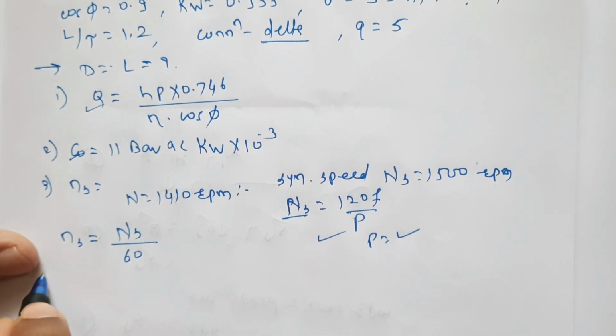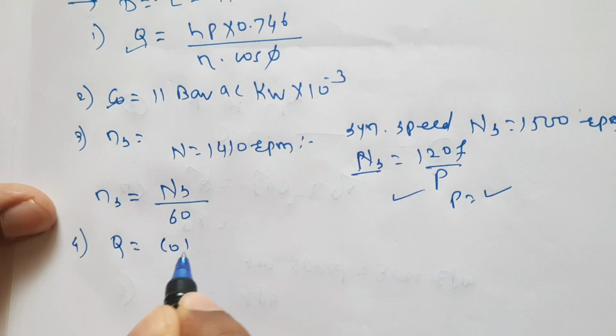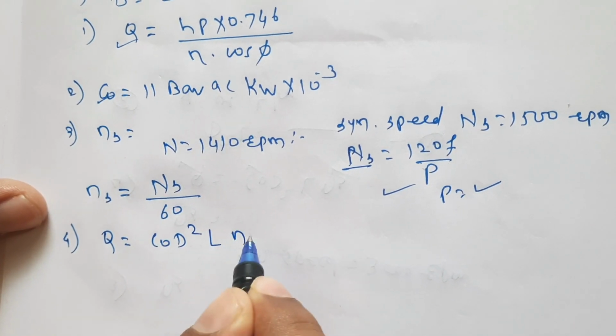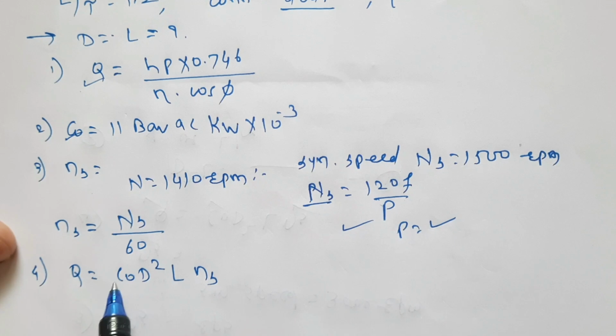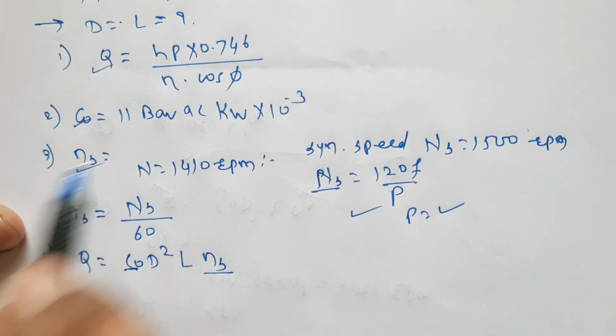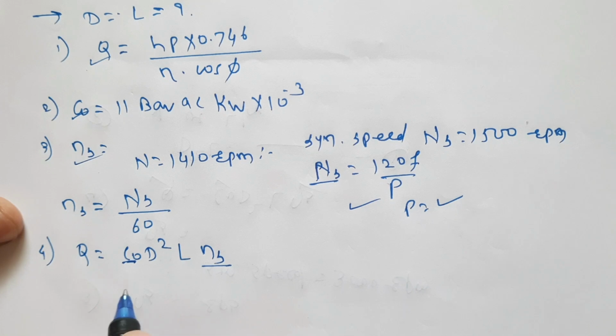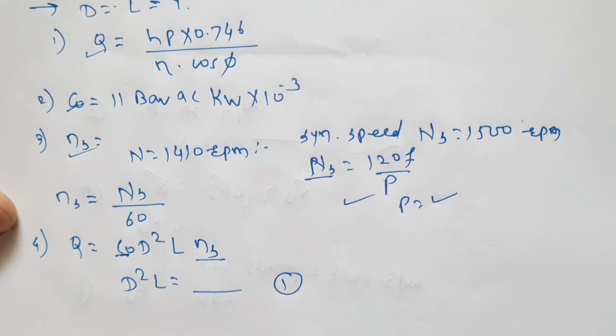Now we know the relation Q is equal to C0 into D square L ns. We have the value of Q, input kVA, the value of C0, that is output coefficient, and small ns. From this we will get the equation for D square L, that is equation number 1.